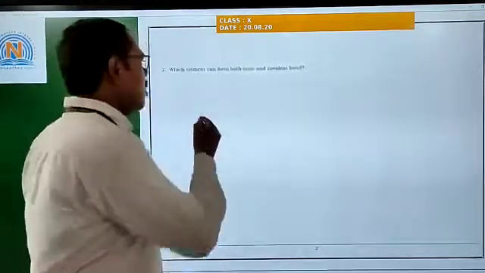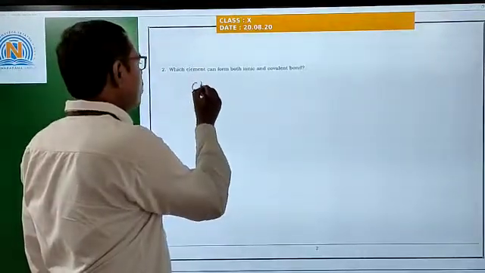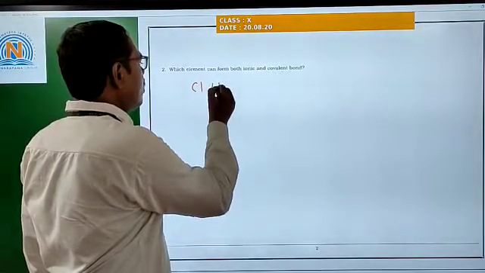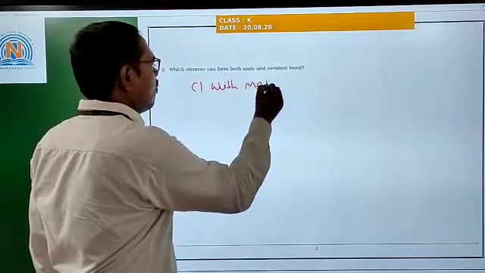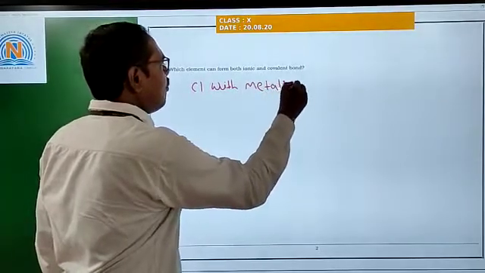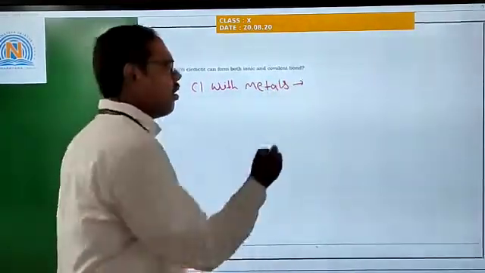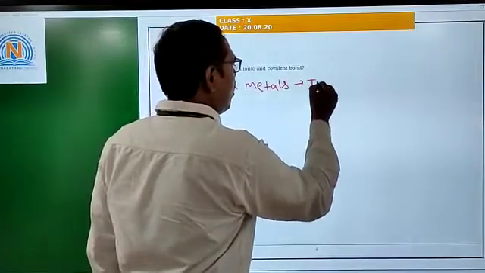For example, chlorine with metals can form the ionic bond.